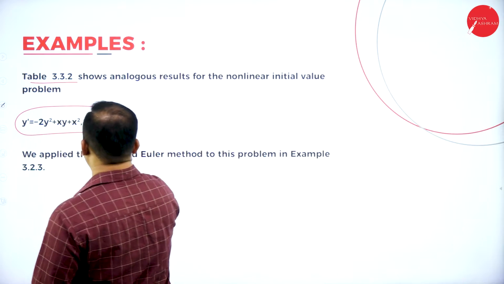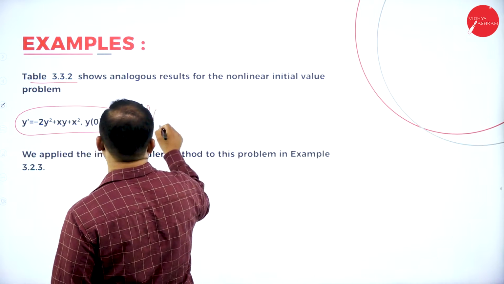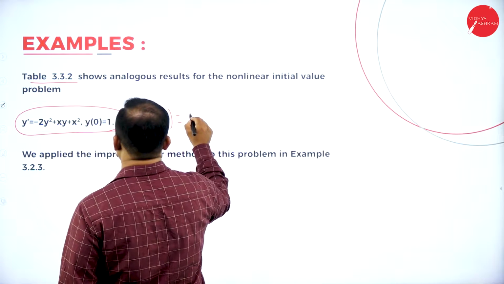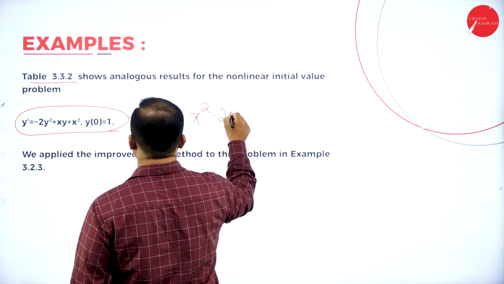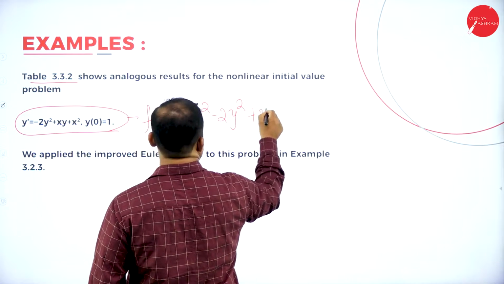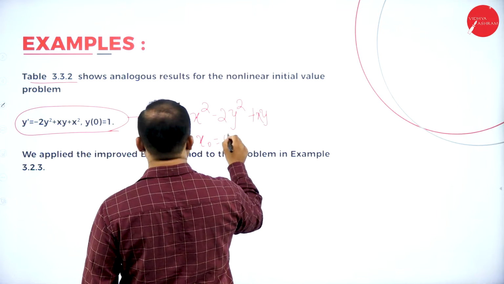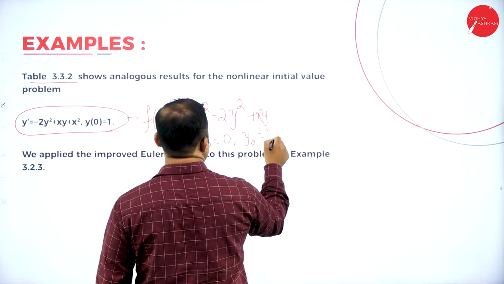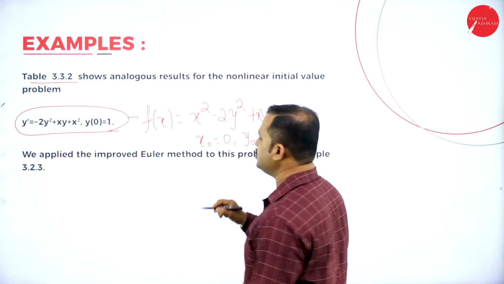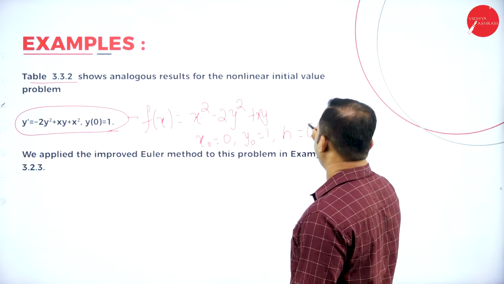This is the first equation where f of x is equal to x square minus 2y square plus xy, where x0 is equal to 0 and y0 is equal to 1 with a step size of h is equal to 0.1.